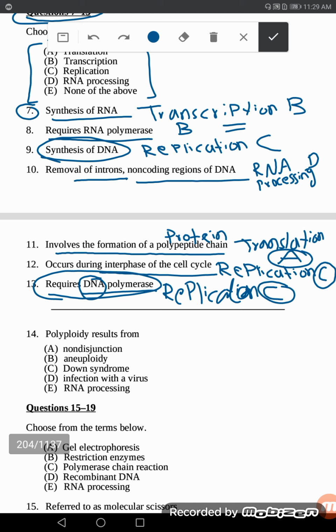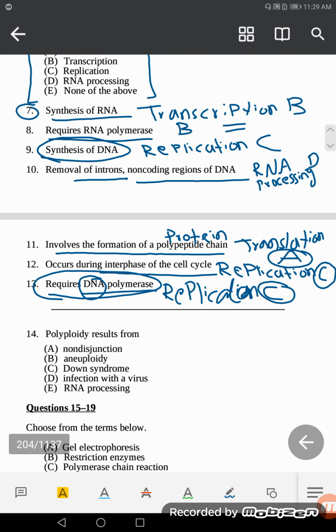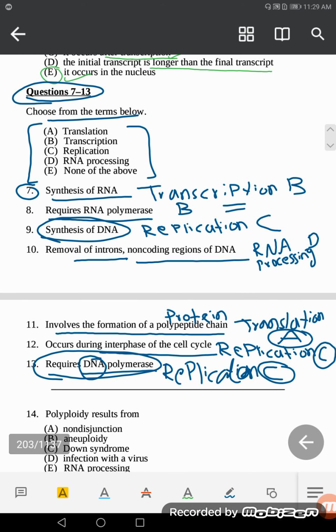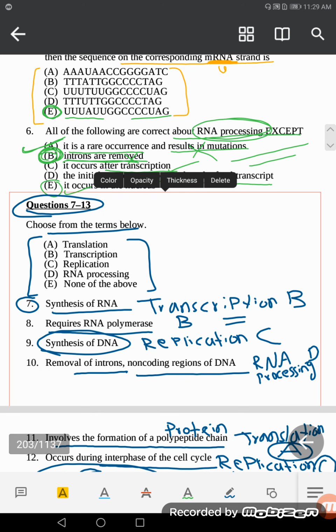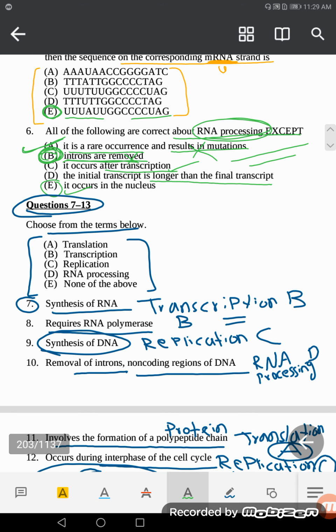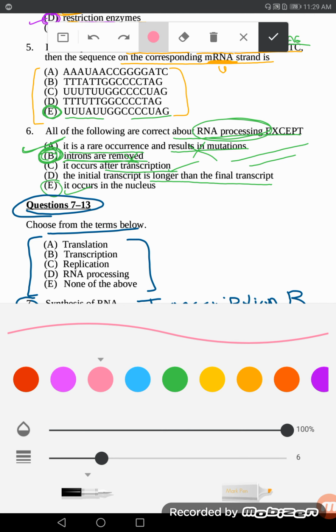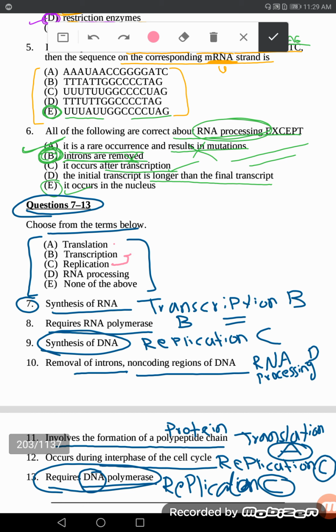C. So guys, as you saw, this is a matching question and it is very easy. We have to know what's happening during each process of transcription, translation, and replication, and these three processes we call the central dogma of molecular biology.